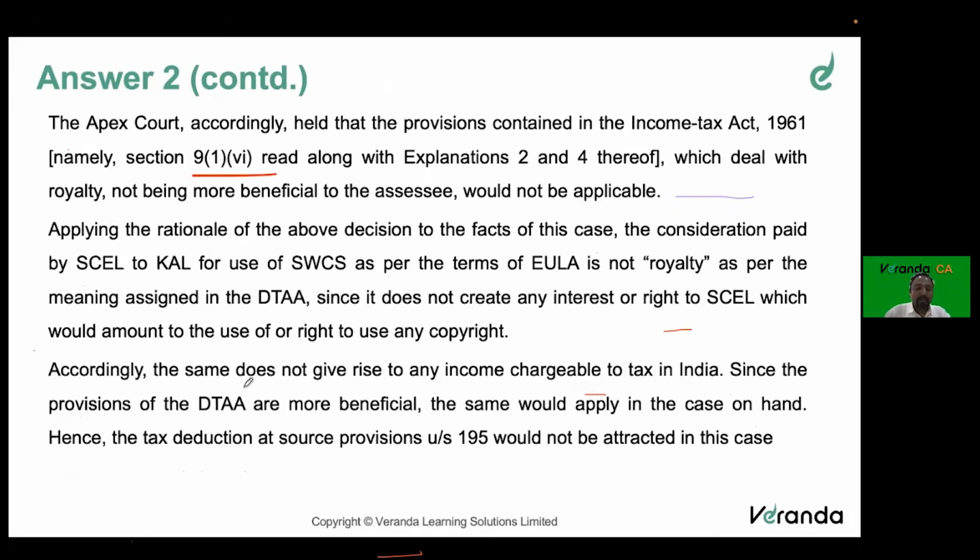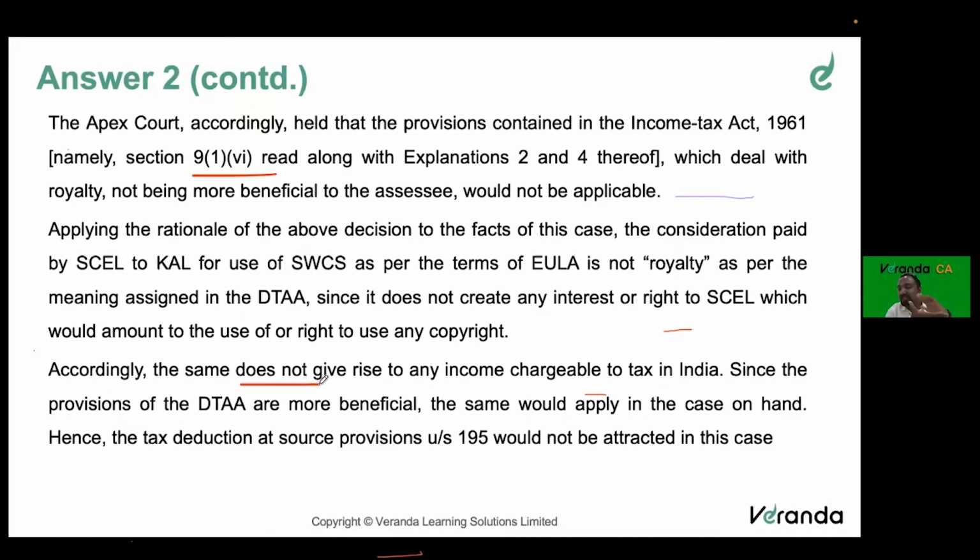The same does not give any income that is chargeable to tax in India, since the provisions of the DTA are more beneficial, because whatever was entered into is only an end user license agreement. So we first discuss the facts, then the case law and what it conveys, and the provision, and finally we conclude that it is not royalty.